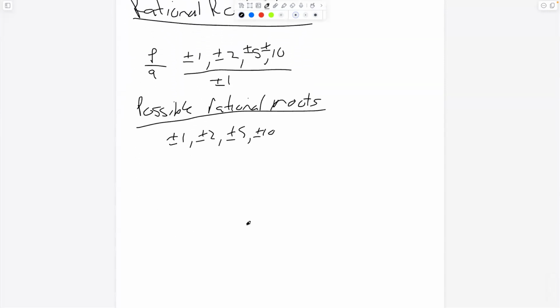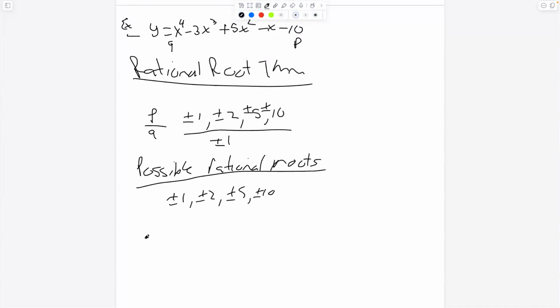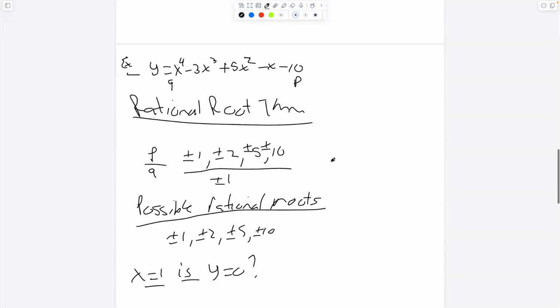I'm not going to start with 10. I'm going to start with the easiest one, 1. So I want to know, when x equals 1, is y equal to 0? I could use synthetic division or long division and check the remainder, or I could just plug in and see.